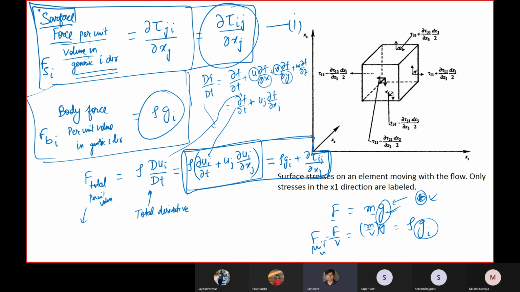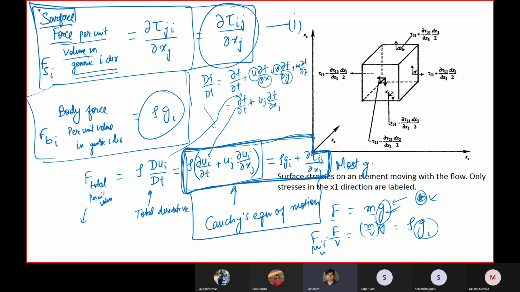This is the starting step towards our usual Navier-Stokes equation. Nonetheless, this equation is known as Cauchy's equation of motion, and this is the most generic equation of conservation of momentum.